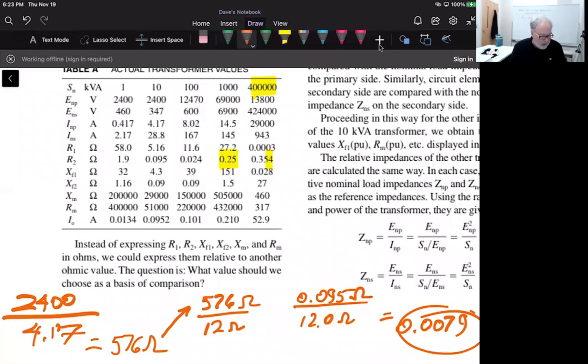Now, taking that derived 576 ohms that we got from the primary voltage and primary current, we divide that by the base, and there's where we come up with our relative primary resistance, R1. This is 5.16.